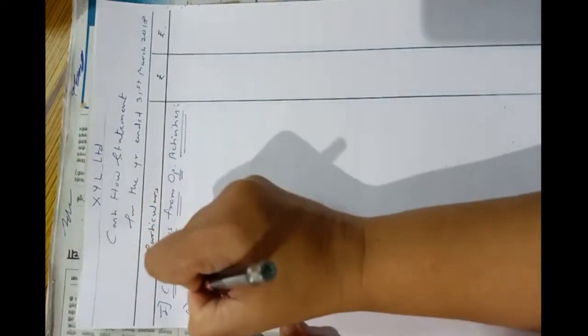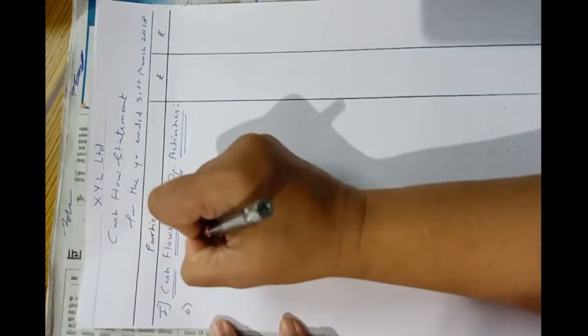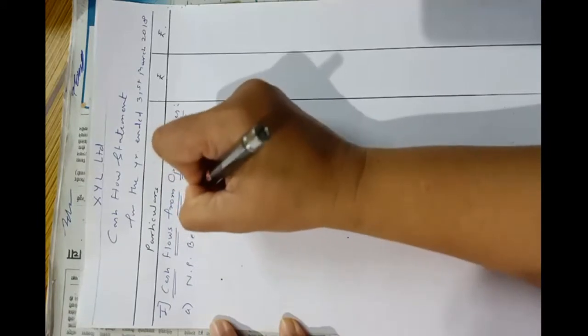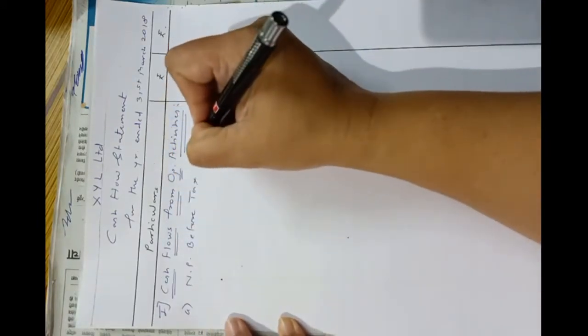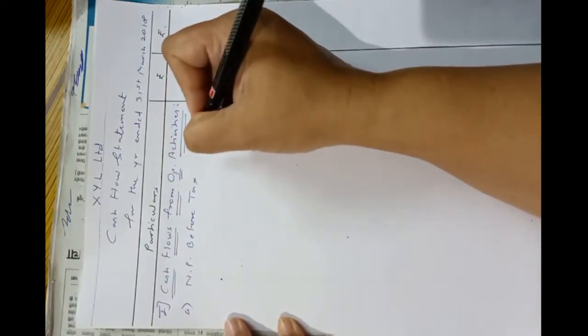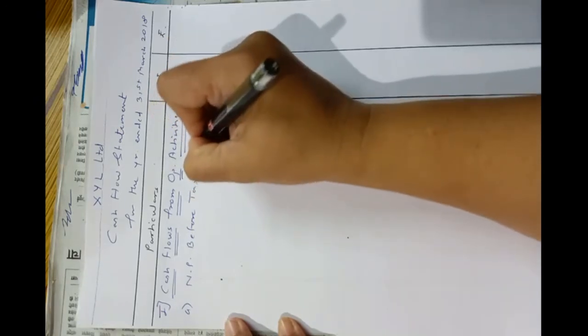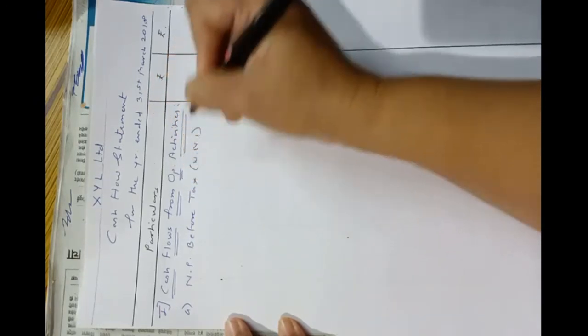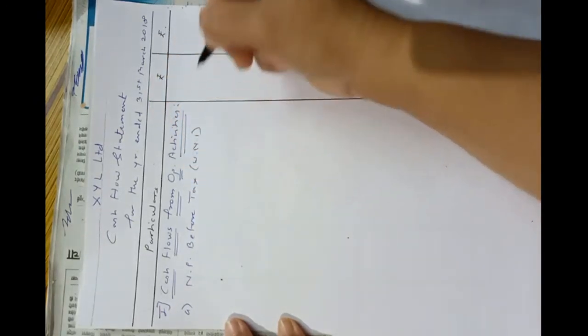A is net profit before tax, and see our working, net profit before tax we have calculated in working note number 1. It is 1,63,000. Okay.